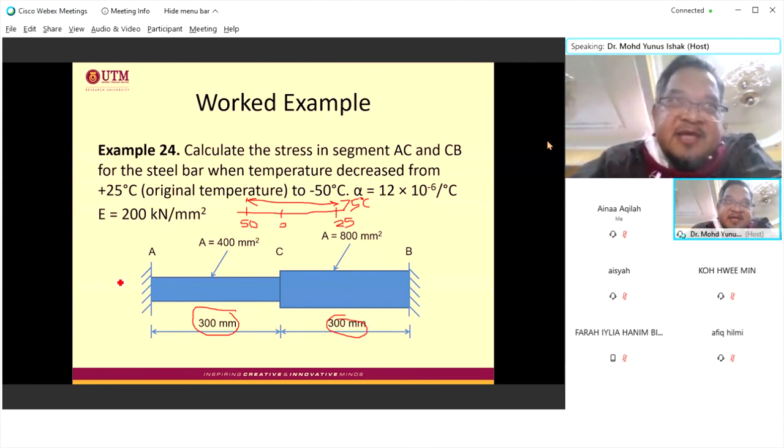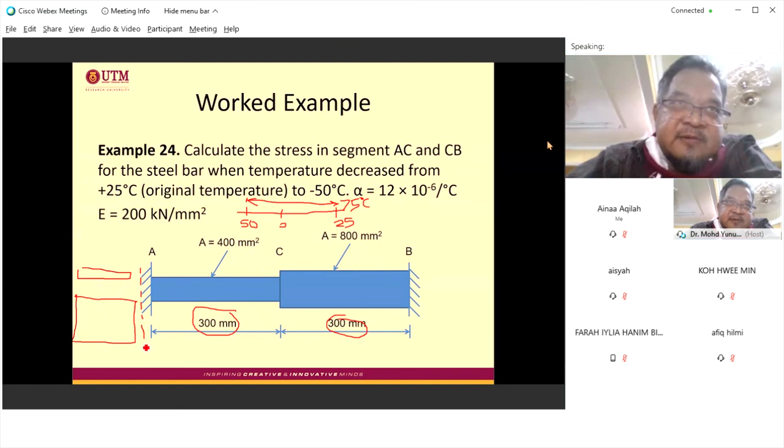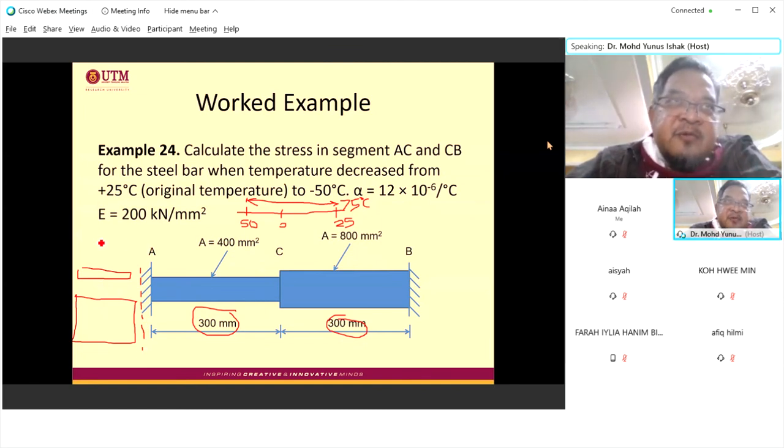Okey, maksud saya, kalau ada satu yang kecil, satu yang besar, dua-dua ada akan alpha delta TL. Okey, formula dia ialah alpha delta TL. Dua-dua akan pergi panjang yang sama.